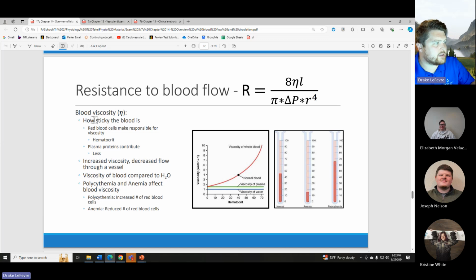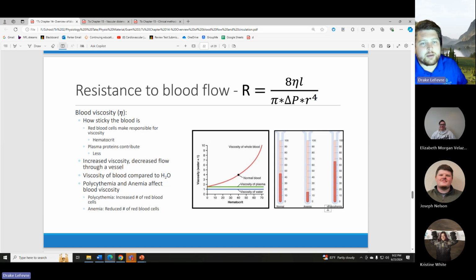Blood viscosity, how sticky the blood is. Basically, if you have more water, it flows better. Less water and more stuff, it's stickier. So like anemia, where you have less stuff, less blood cells, your blood's going to be super thin and go super quick.